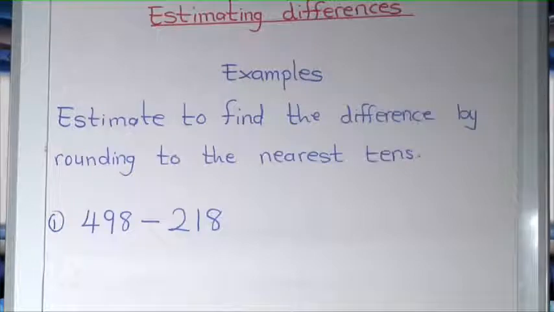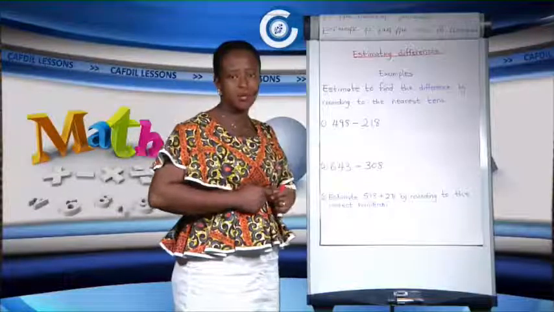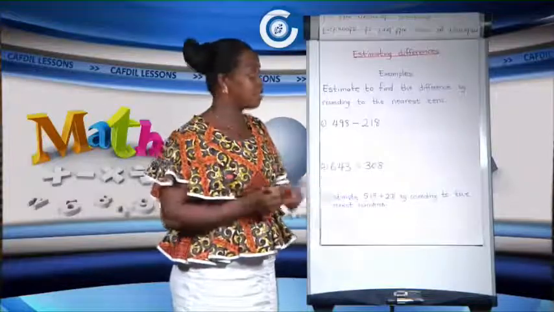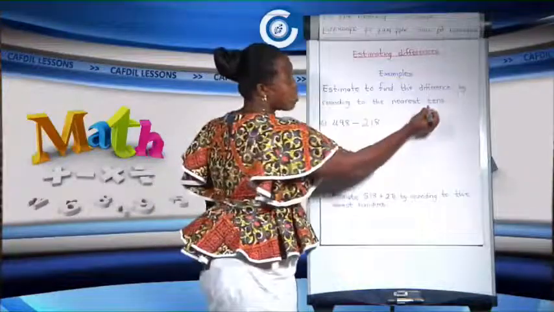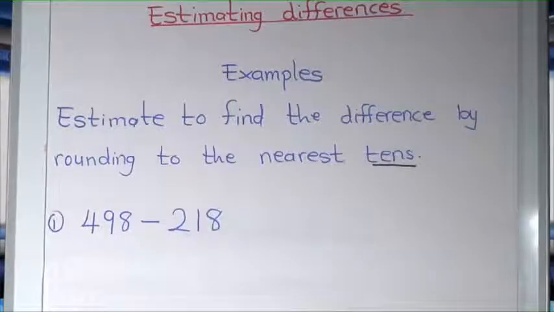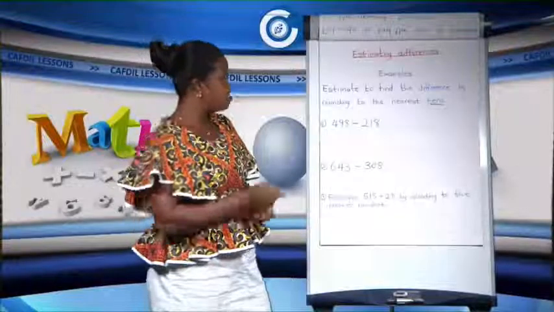When you have a question like this, look at the place that they want you to round the number to. It is very important. So this one, we are rounding it to the nearest 10, underlined. Very good. And I have examples.